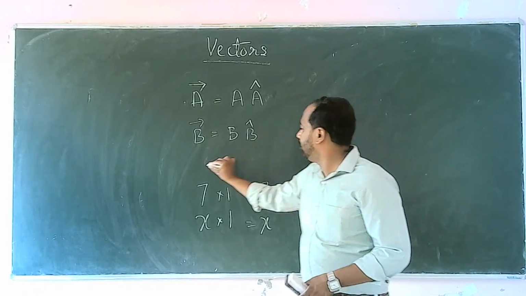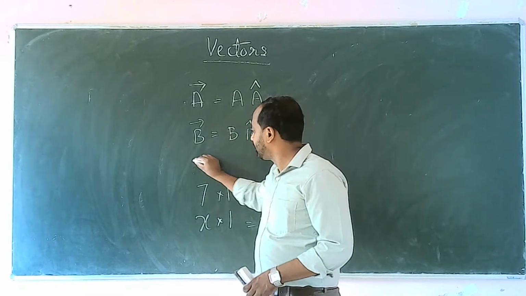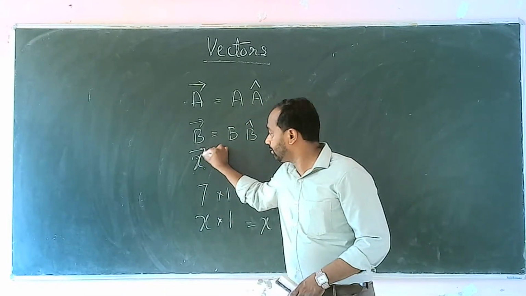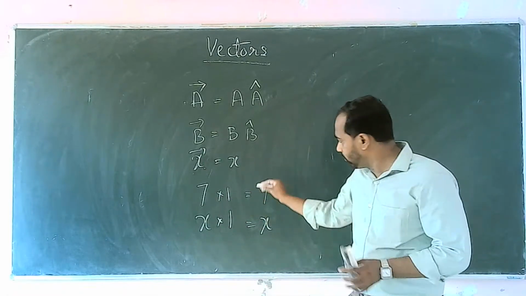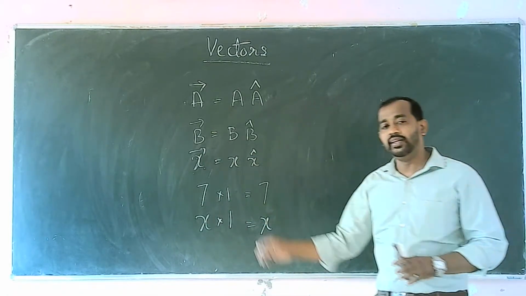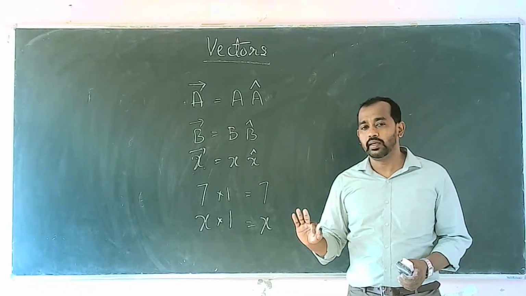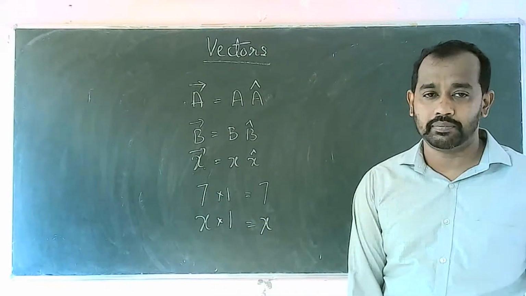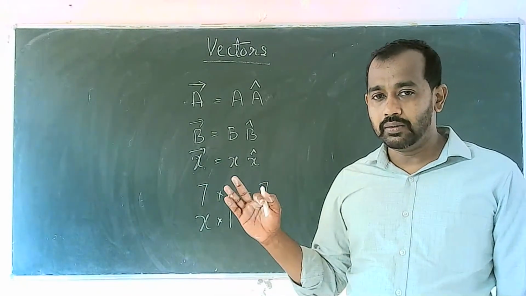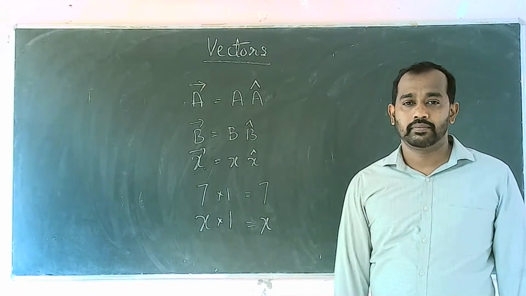If we use another vector, say vector x, then it will be equal to its magnitude x into the unit vector which shows the direction of x. So I hope it is clear now. That is how we are going to represent them. Okay, now we are moving further.